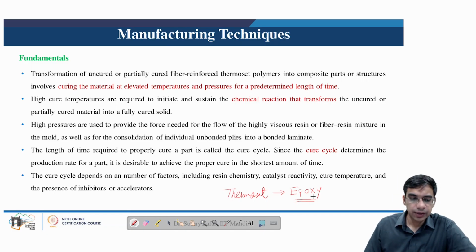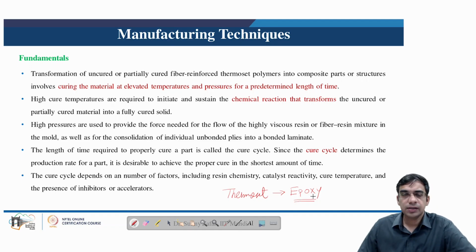So in this regard, the manufacturing of any such composite depends on complete curing of the thermoset into the composite part or structure. So this curing is basically a chemical reaction in which the crosslinks are developed. So curing of the material at elevated temperature and pressure is required for a predetermined length of time.